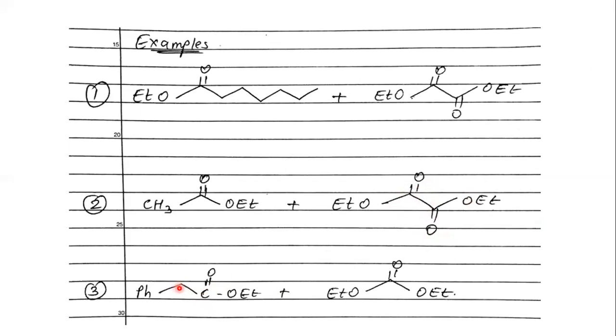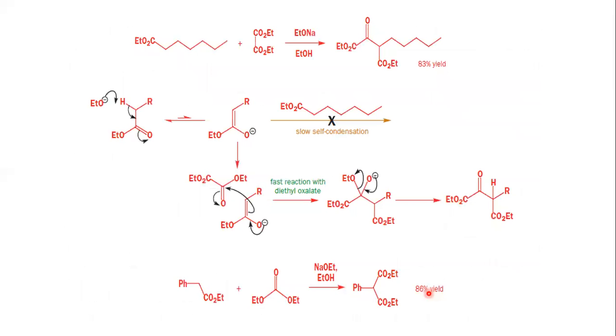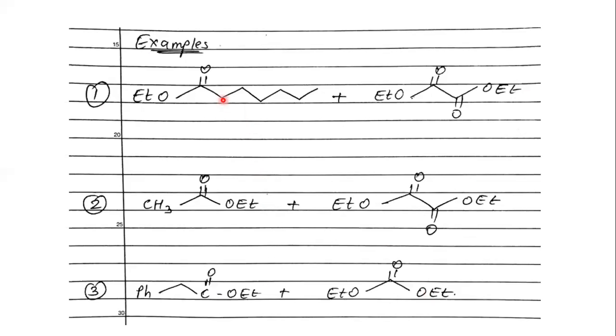This is the alpha carbon here, CH2. So this is going to act as your nucleophile and form your enolate. If you look at this ester, obviously again, it does not have alpha hydrogen and it is going to act as your electrophile.